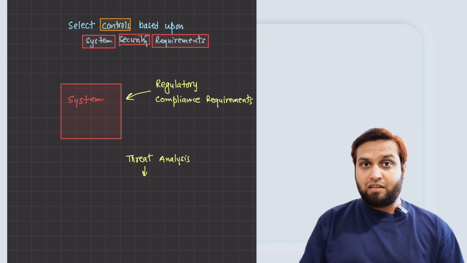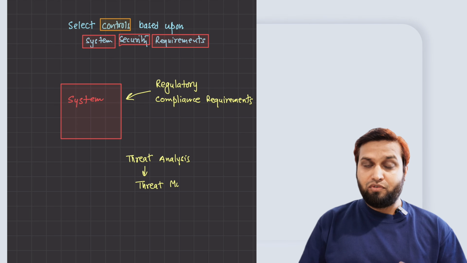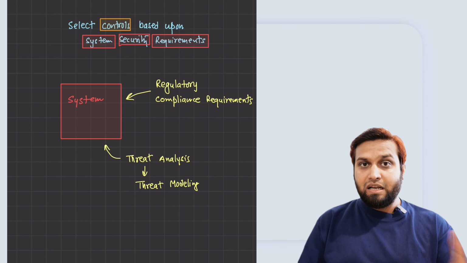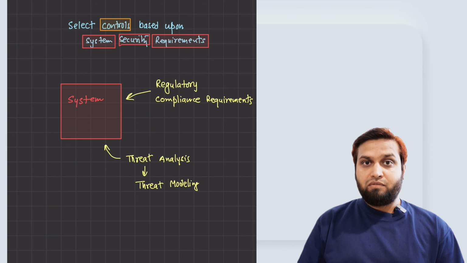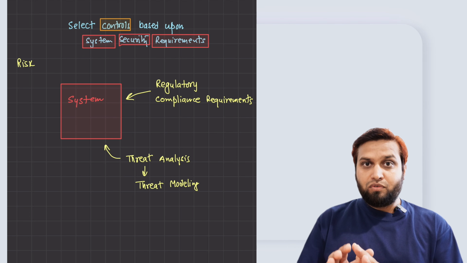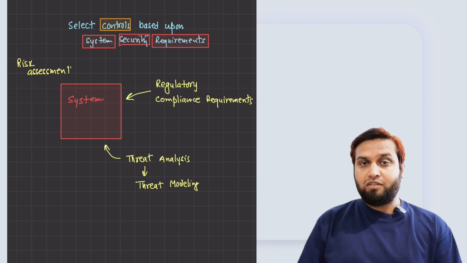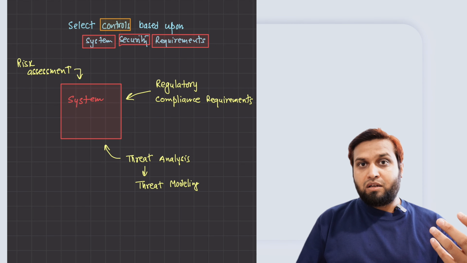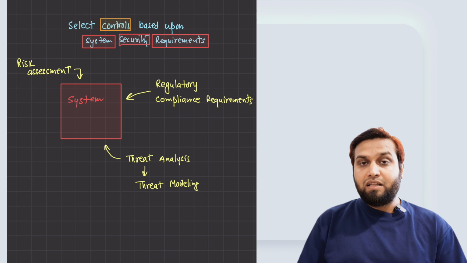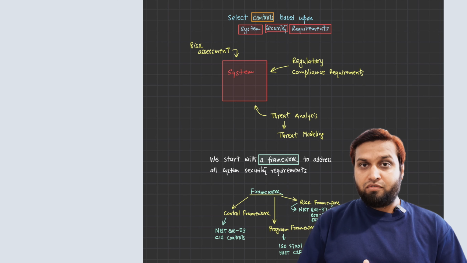So things like PCI DSS. If you are a company, and most companies are processing debit cards and credit cards, you have to comply with a standard which is the PCI DSS standard. So this is one consideration where you define what security controls you want, right? If you are a company providing electricity for a country, let's say, then there are different regulatory requirements you have to be mindful of. So this is one dimension.